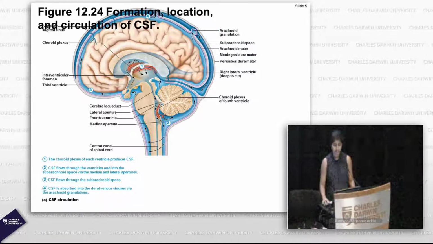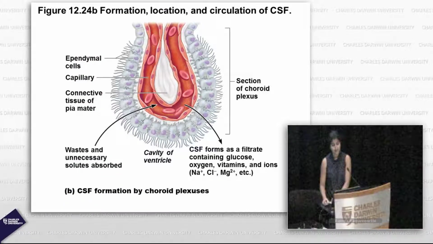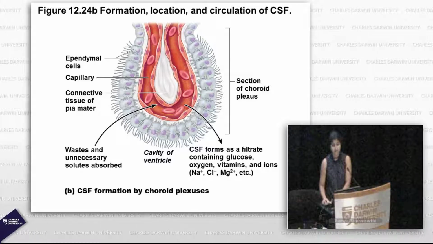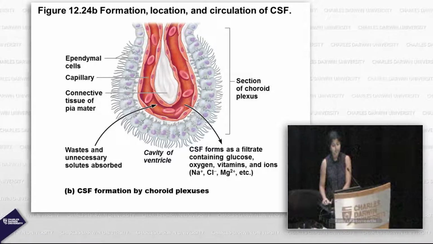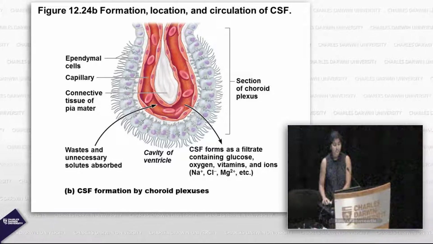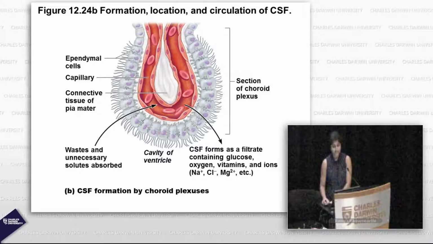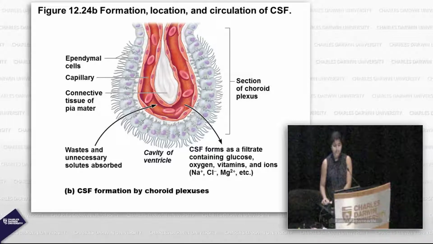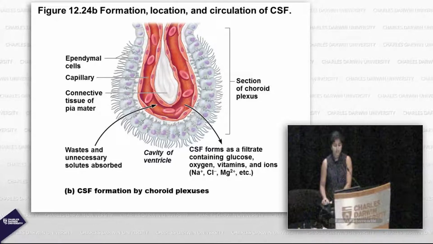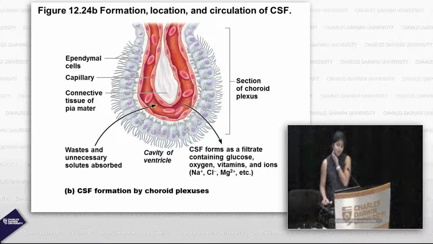Okay. So these are your capillaries, your choroid plexus, which actually helps in absorbing the waste and unnecessary substances. That includes waste products and also unnecessary ions. Then it's absorbed in there. And then the CSF is actually formed as a filtrate from the blood supply. It contains glucose, a little bit of protein, oxygen, vitamins that are necessary for the brain cells, and also different ions like sodium, chloride, magnesium, and many more.